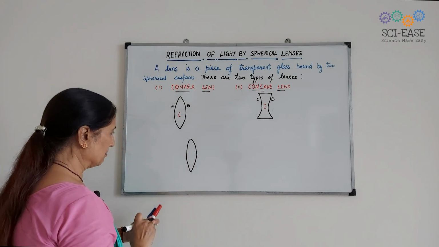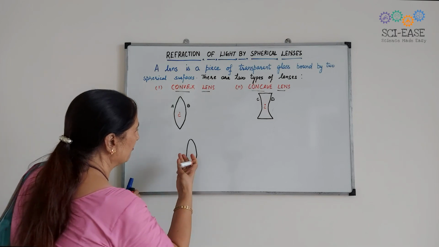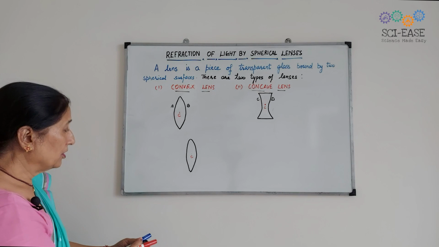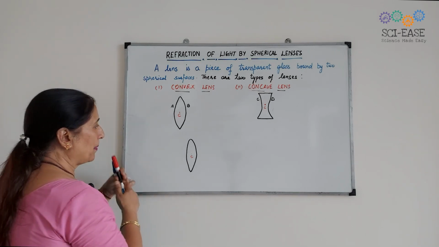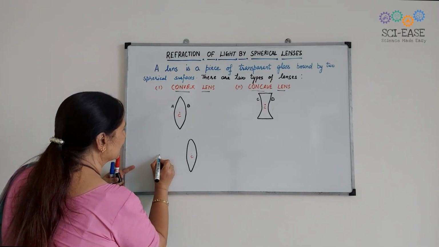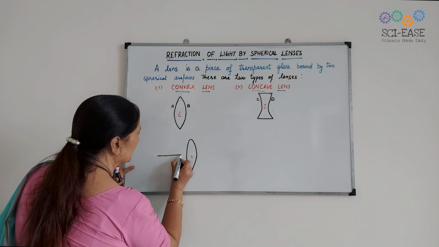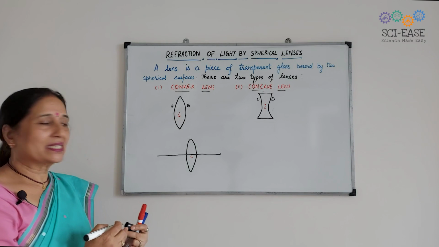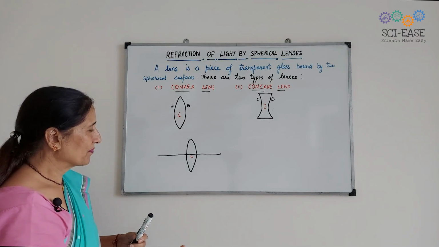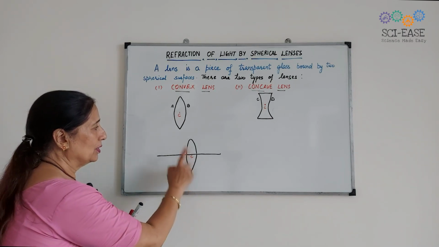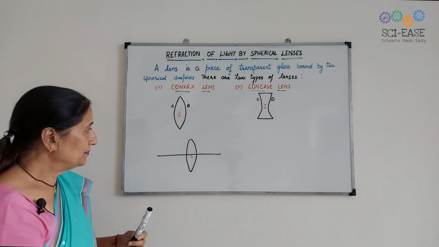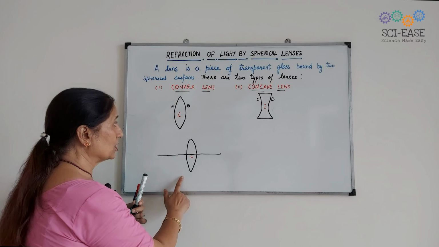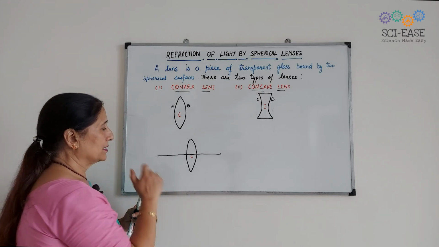This is center C. So when the ray of light passes through the optical center, there is no deviation. It will go straight. Okay? So, one term is clear, no deviation at this point, and it is in the center. This is for the convex lens.